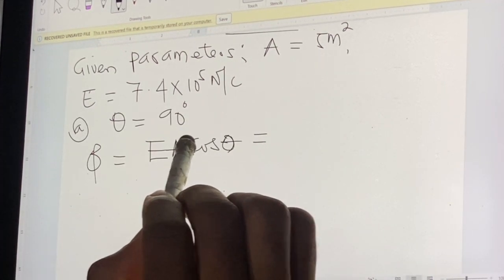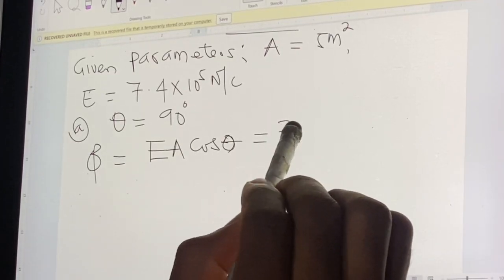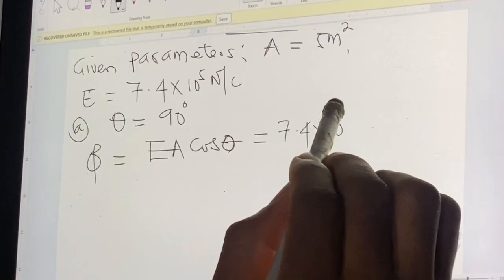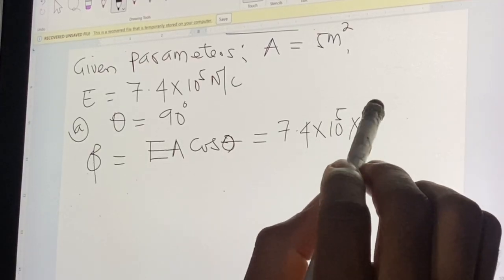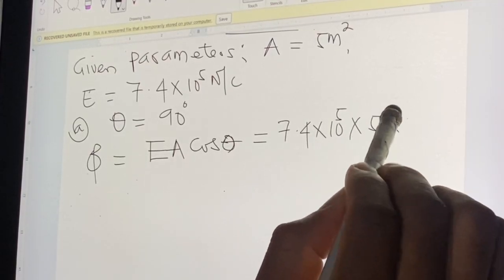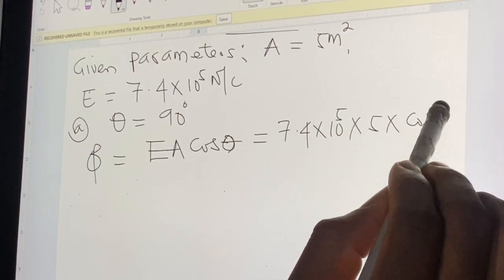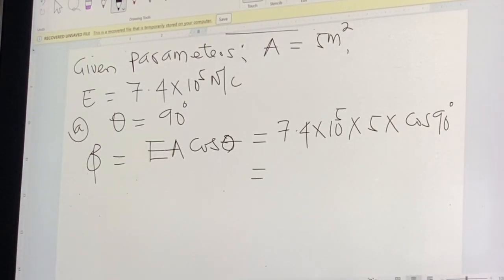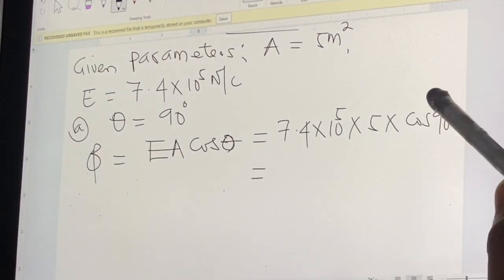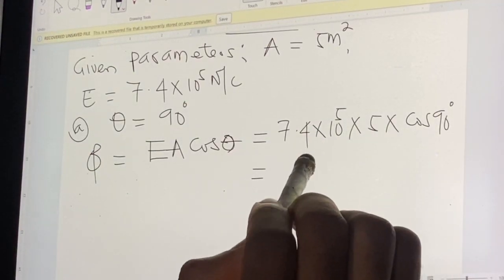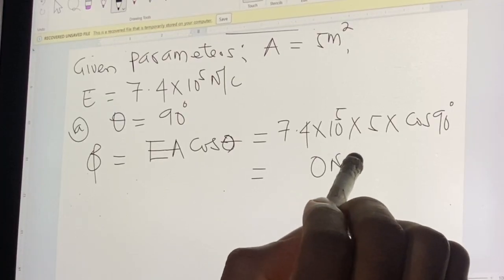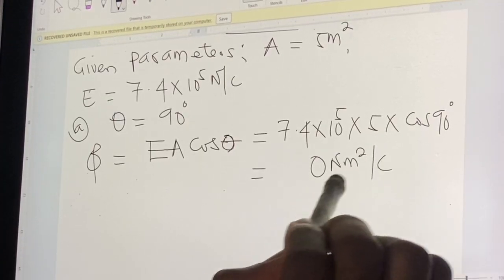E is given to us as 7.4 times 10 raised to the power 5 times A is given to us as 5 times cos 90. When you punch the calculator here, class, cos 90 will give us 0. Multiply everything by 0 here, it will be 0. Please take note of that, okay? So this is our answer here, and the units.